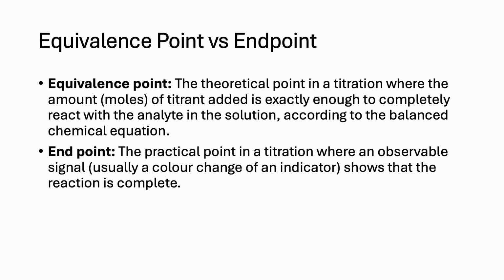So we need one more drop to make the indicator change color, and then it reaches what we call the endpoint. This is the endpoint of titration, where an observable signal, usually a color change of the indicator, shows that the reaction is complete.